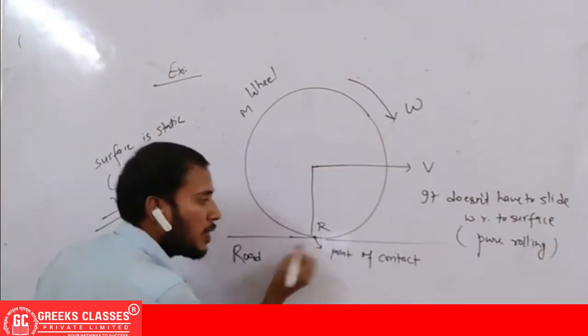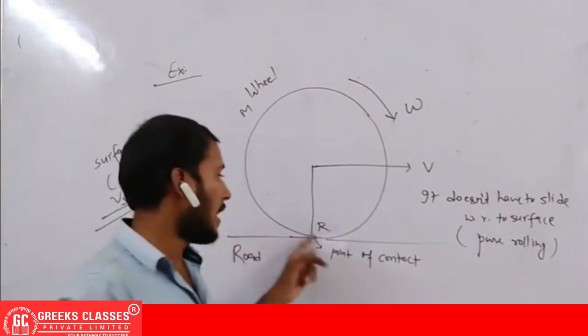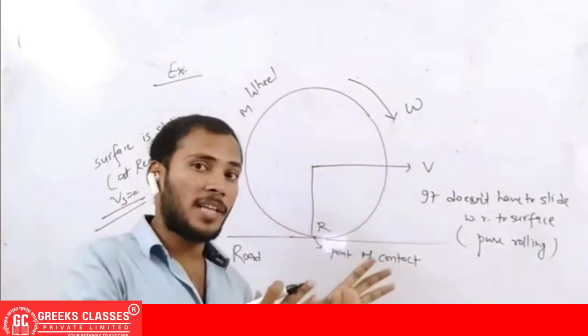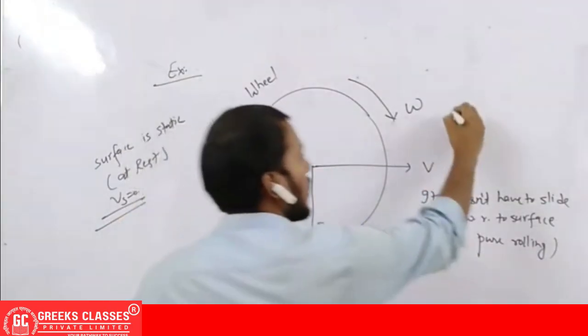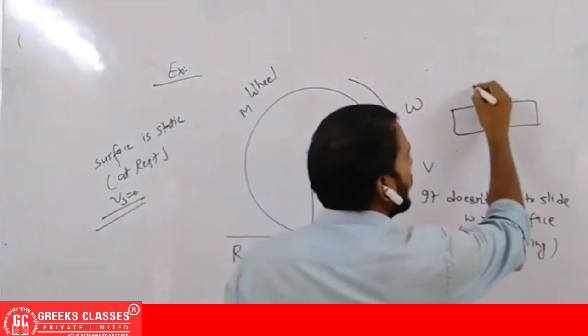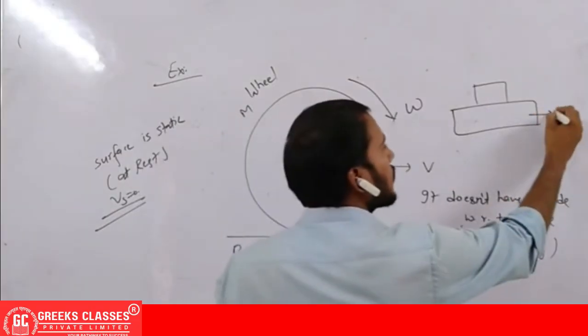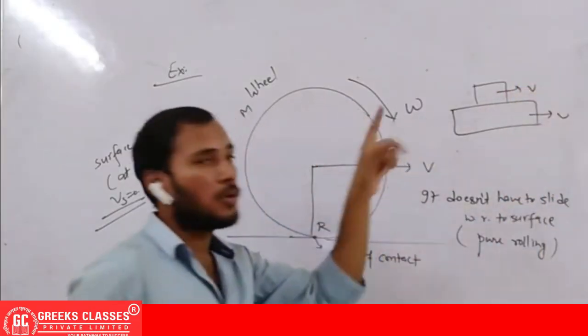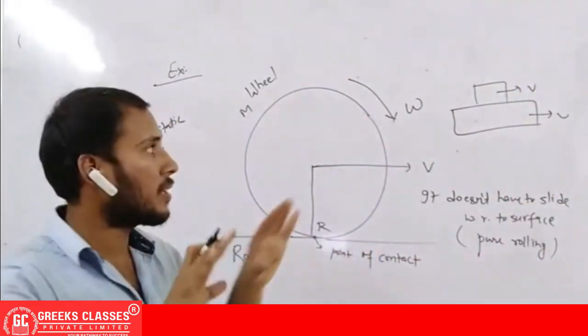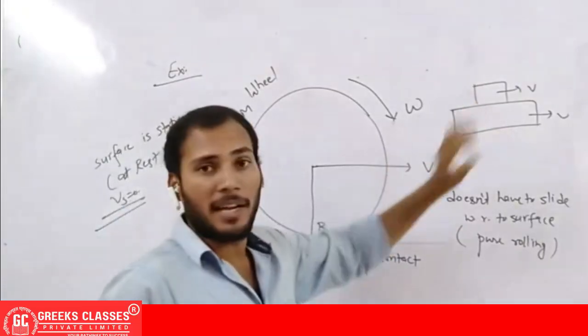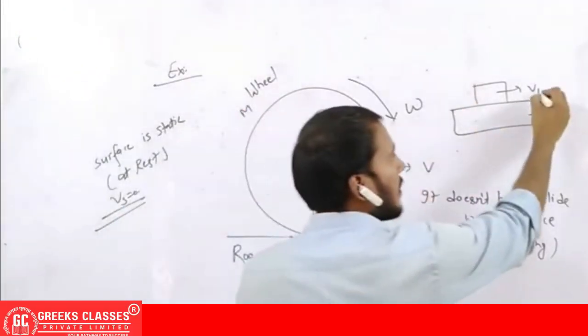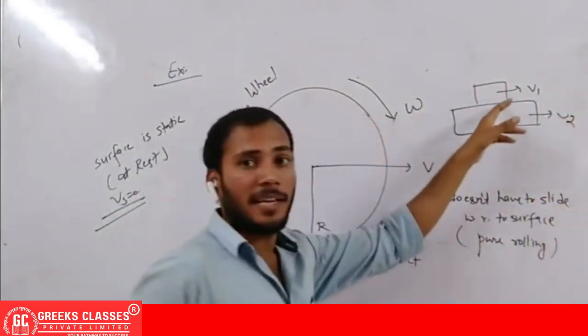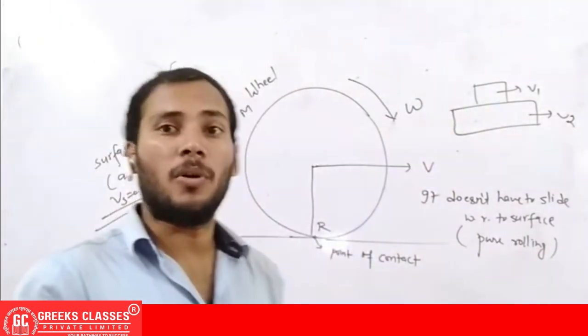That means there is no relative velocity between the surface and this body. Similar to what we studied in friction, if there are two blocks, block 1 and block 2, and both move with the same velocity, there is no friction between them. If there is no relative velocity, there is no sliding. But if the velocities are different, like V1, V2, sliding occurs between these two bodies.